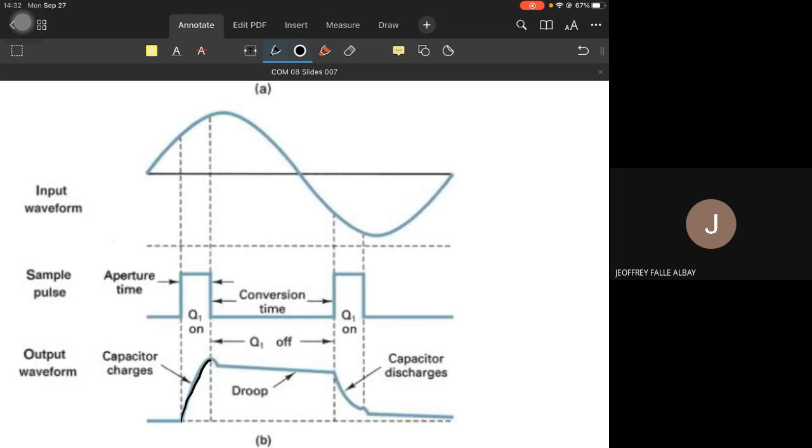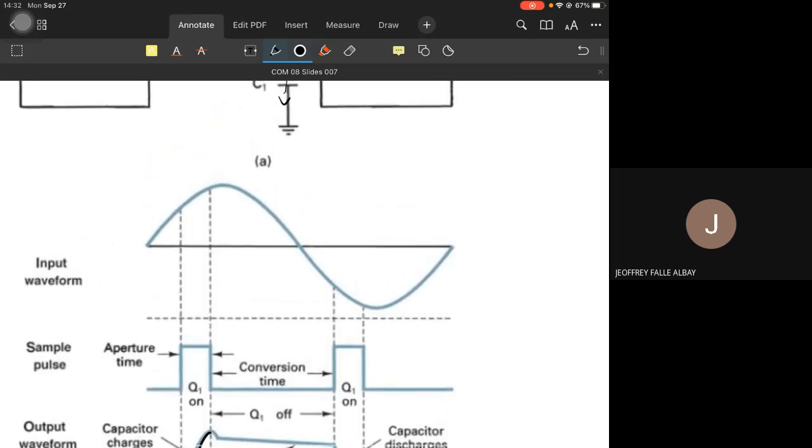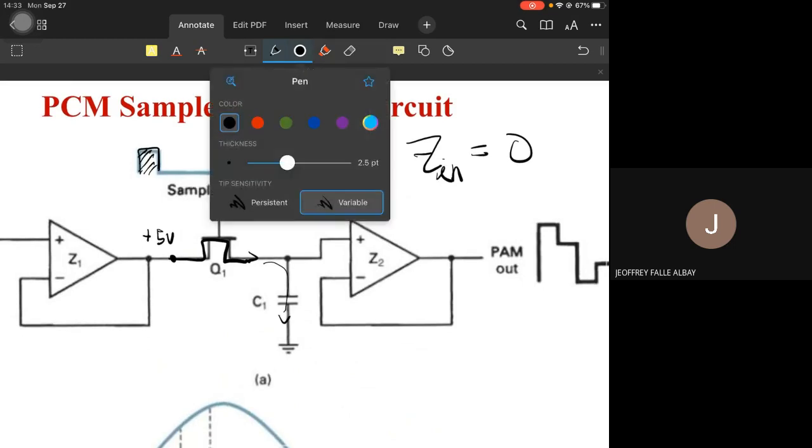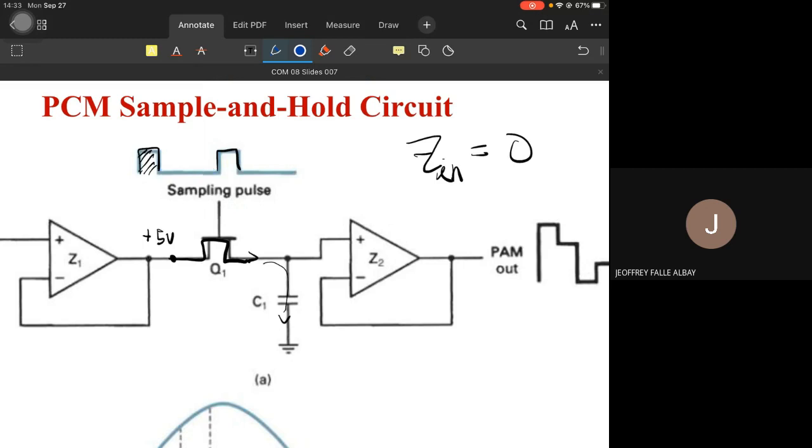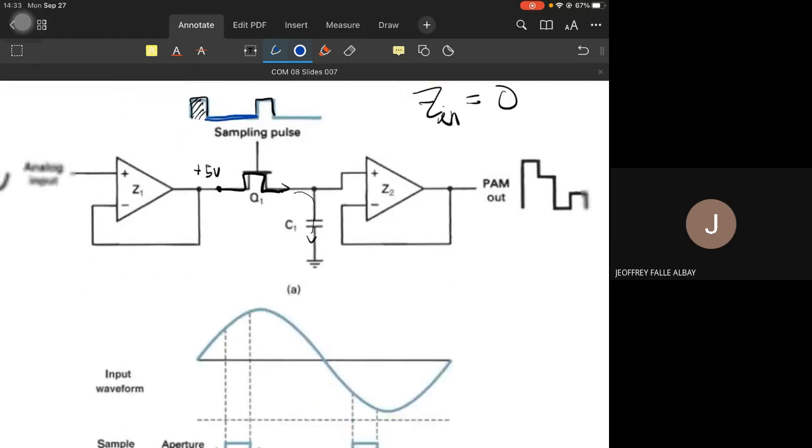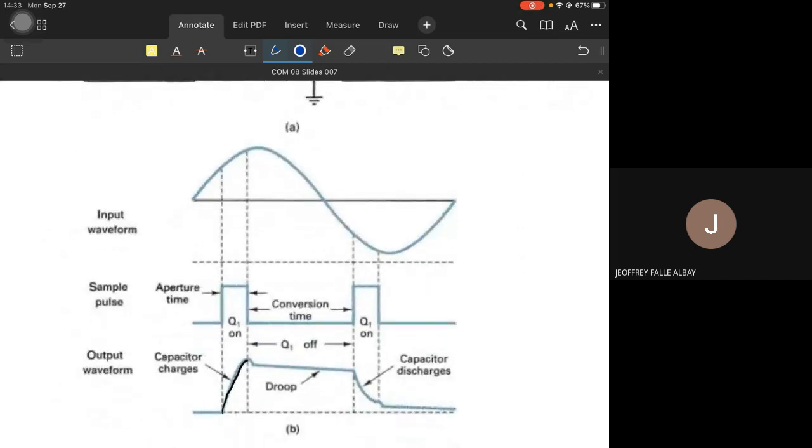Now, during the conversion time, the inactive part of the duty cycle, this part right here, is the time that the capacitor will hold the voltage it charged itself to. But since it is not a perfect circuit element, the voltage level somehow decreases. If it charged to 5 volts, after some time it is no longer totally 5 volts, but only slightly less. Notice the drop after the capacitor has fully charged.